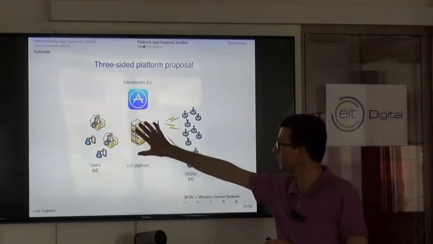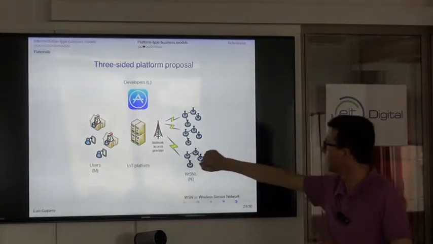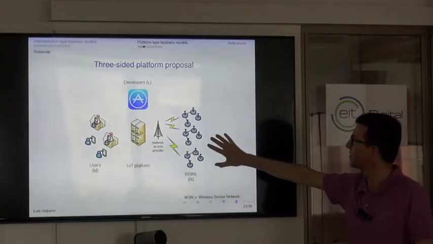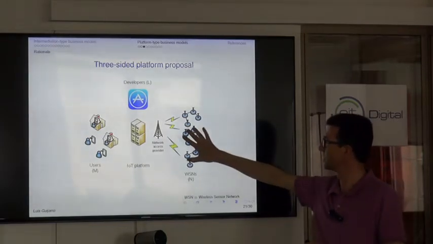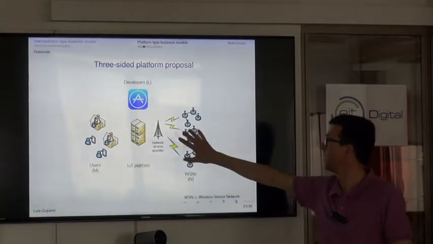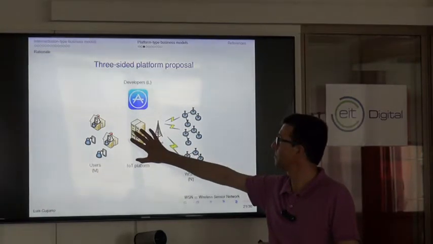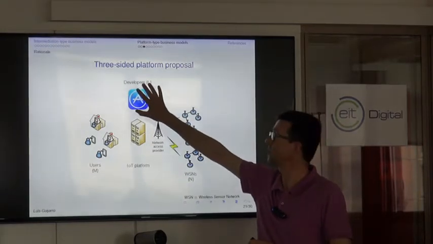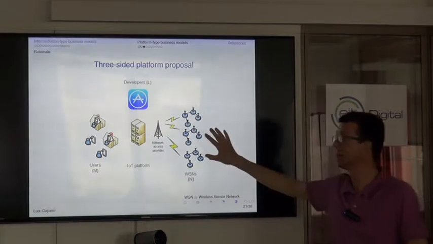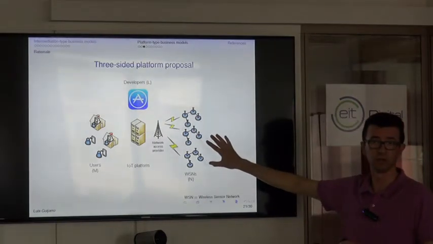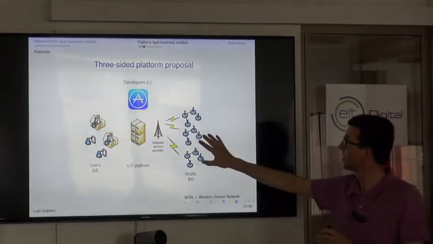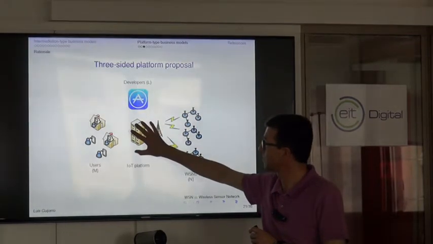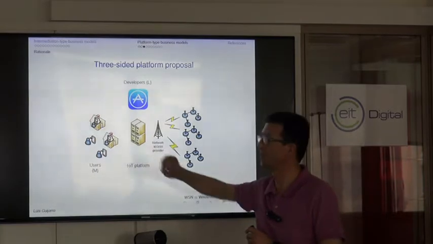Imagine that this IoT platform gathers data from different sensor networks, and this data is made available by the platform to the app developers, who are not required at all to own the sensing infrastructure. And these apps are made available to the users through the app.